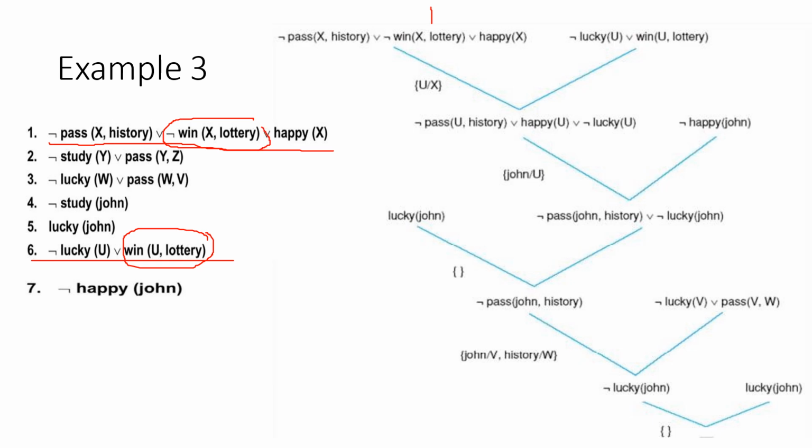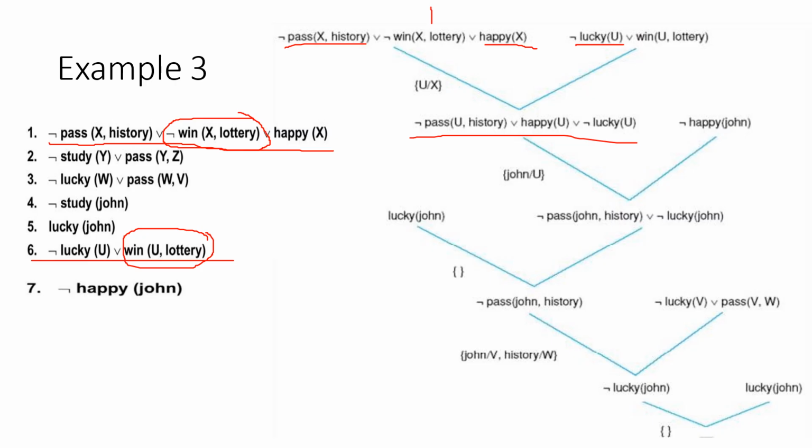Substituting x as u, these two are complementary and cancel, so the remaining part is not pass u comma history or happy u or not lucky u. This is the resulting clause.